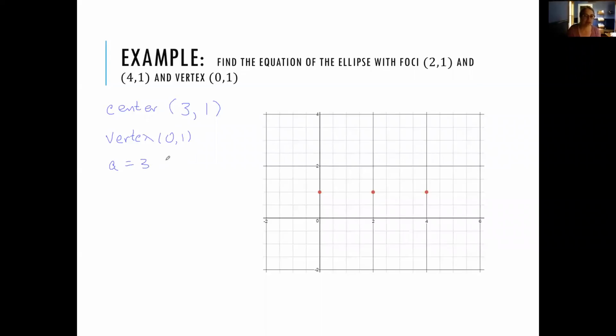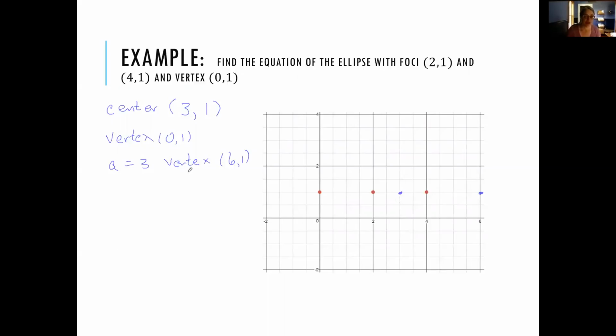And so there will be another vertex at (6, 1). Right here. And here's my center point. Okay?